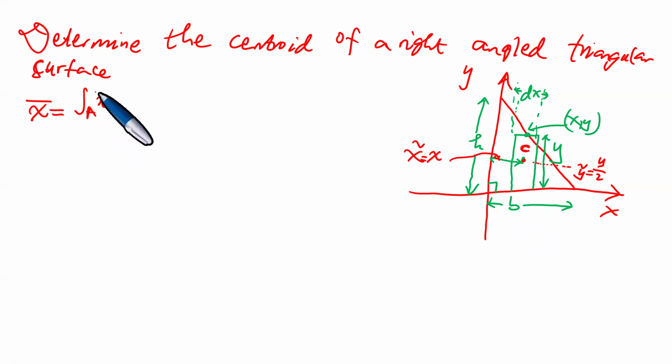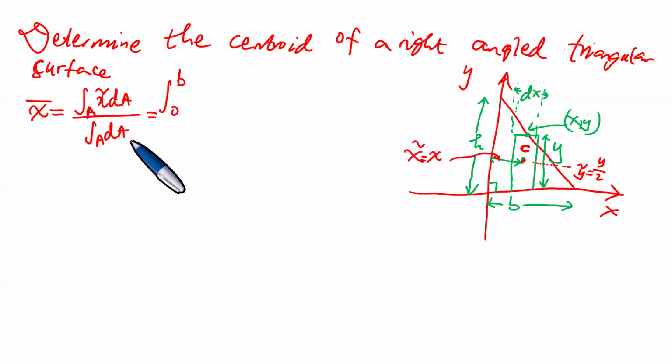The centroid is the integral of x tilde dA divided by the integral of dA, which is the integral of the following. So it's going to be 0 to b.